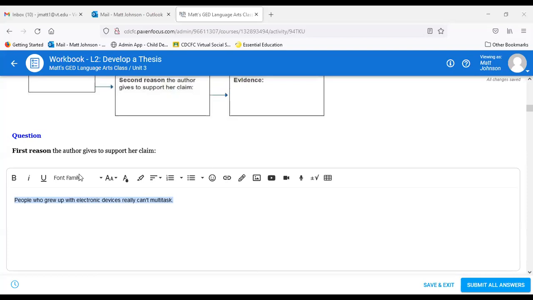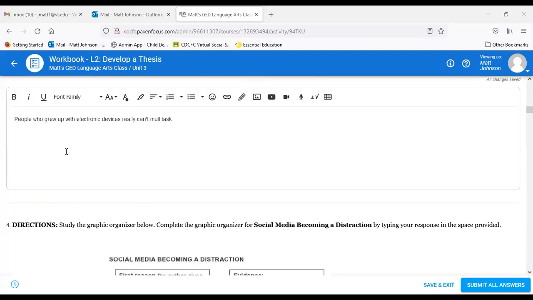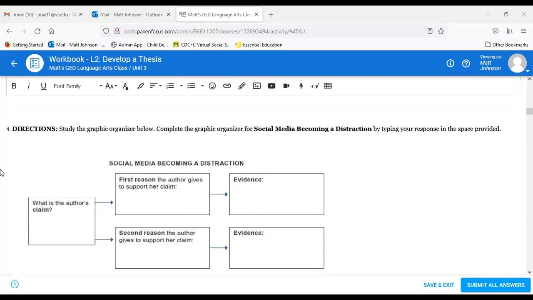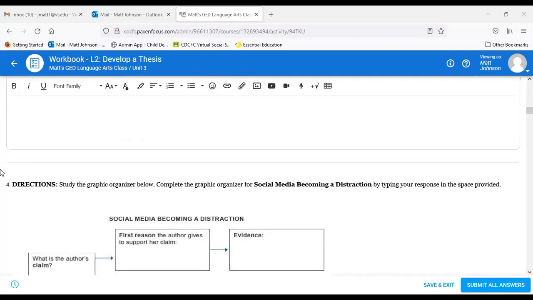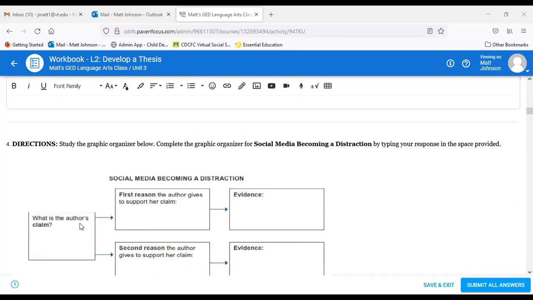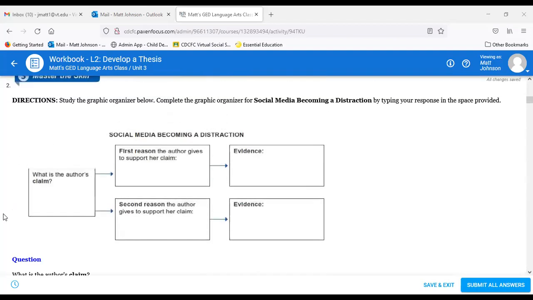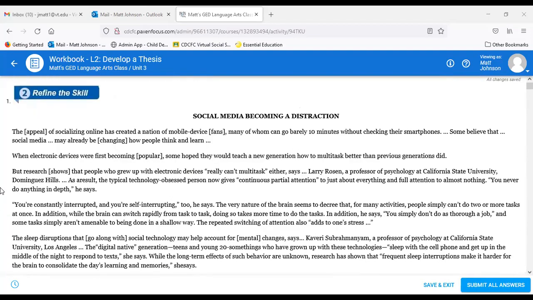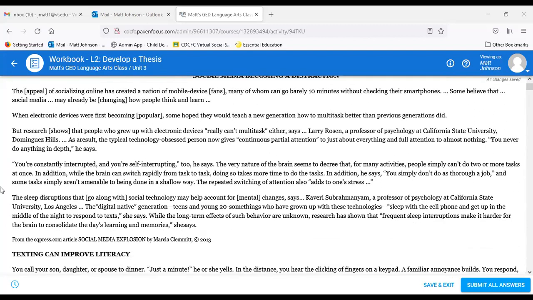Since we got the first reason here, evidence. Okay, so now we're following the flow chart. We've got our main claim, our first reason, and now we're looking for evidence. So what is the evidence to support the claim that people cannot multitask?